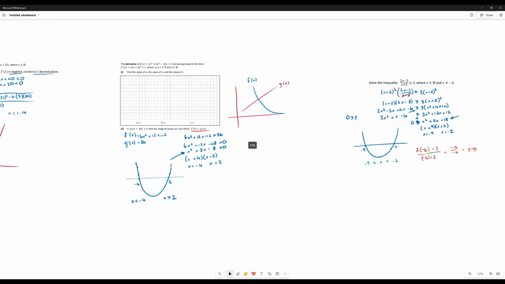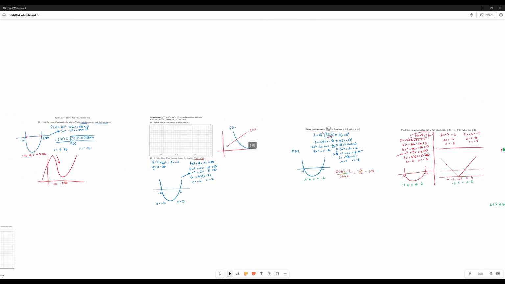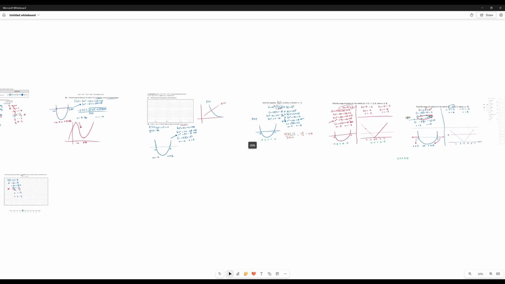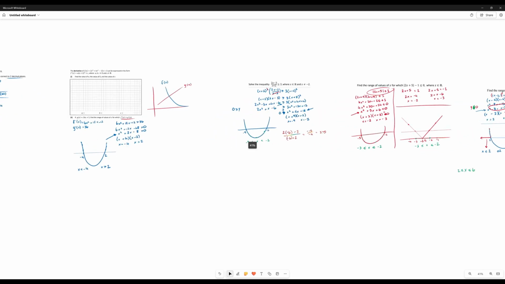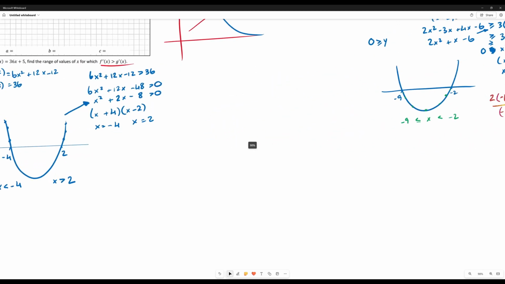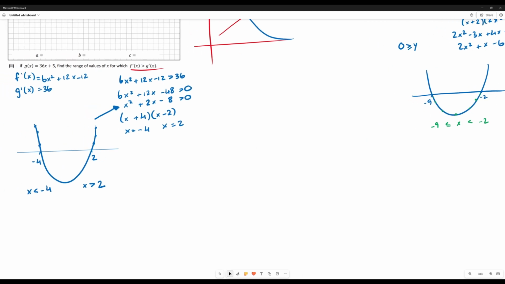Okay, I think that's it. The only last point I'm going to make is for the quadratics. Every single one we've done has been a U shape. If you do end up with a minus in front of it, let's say this had been minus x squared, everything would just be flipped.